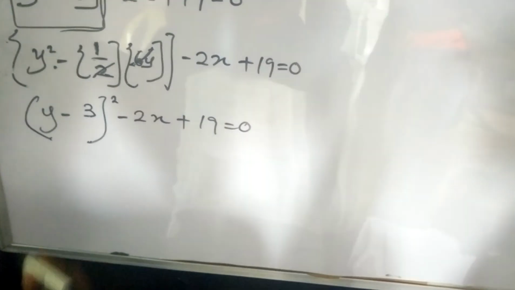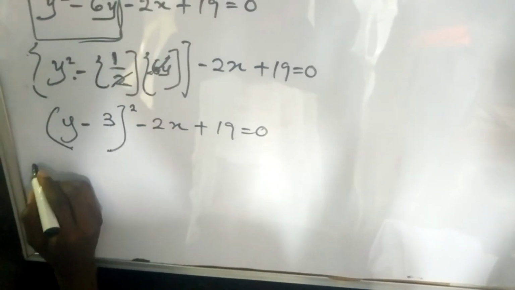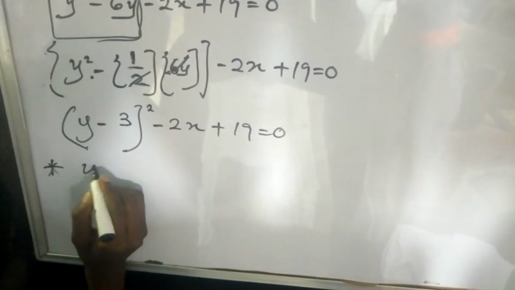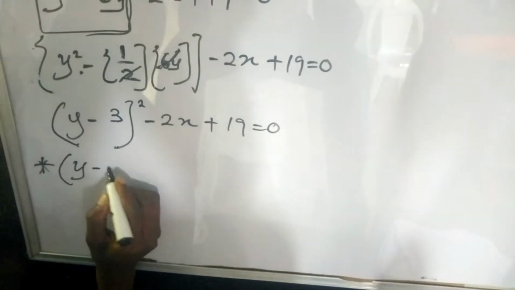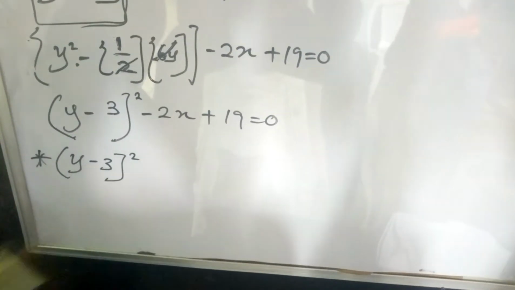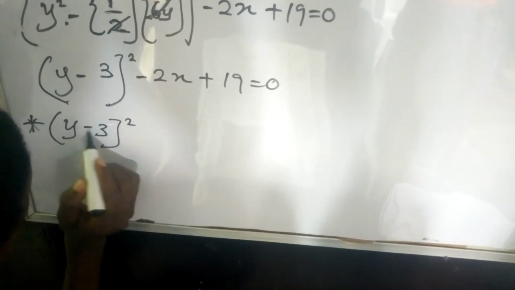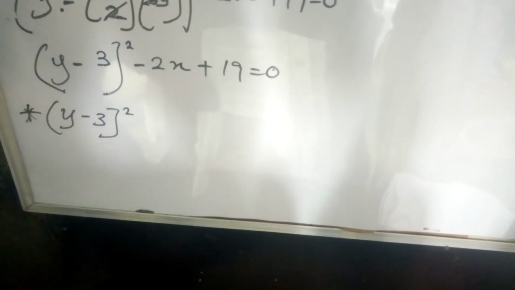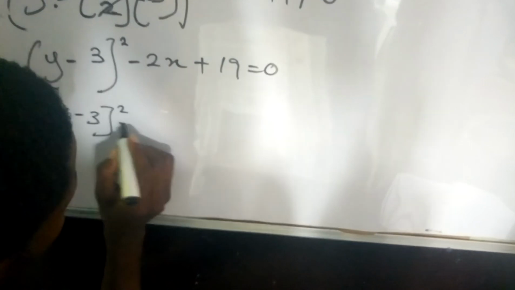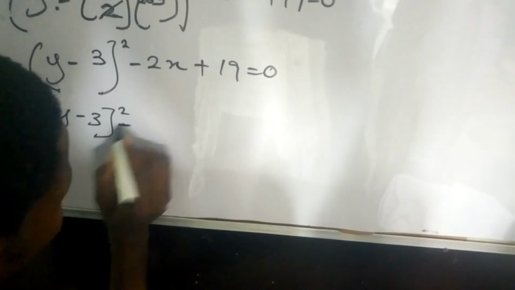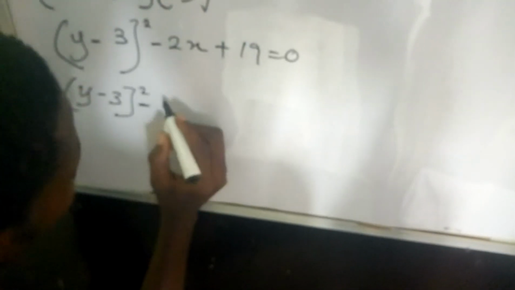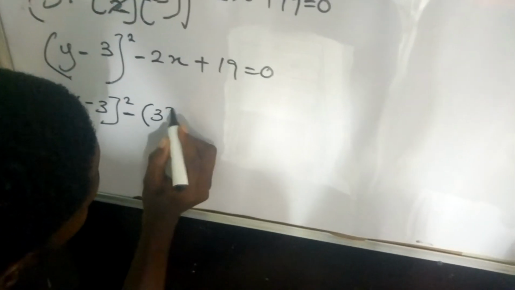So note, in y minus 3 square, this minus will come outside; it is a constant, always constant. This 2 will come outside, open bracket raised to power 2.